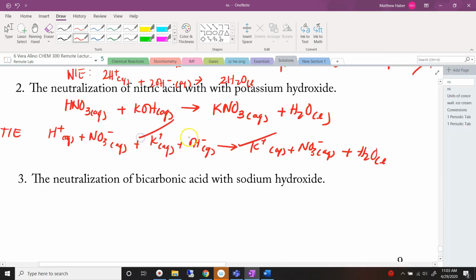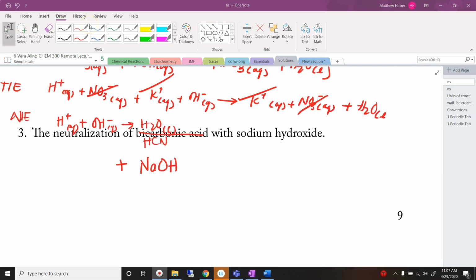Now cancel all that can be canceled out. And so what you're left is just, again, hydrogen plus hydroxide to form water, liquid. Okay, hydrogen and hydroxide, they're ions in water. So you have to put AQ as a state symbol.